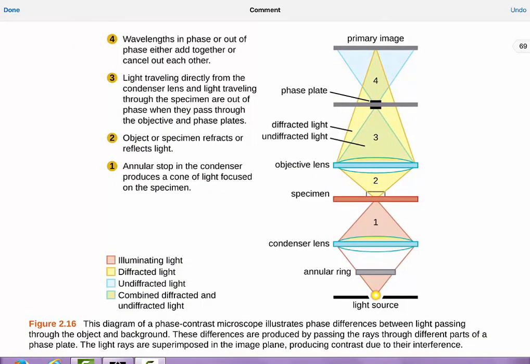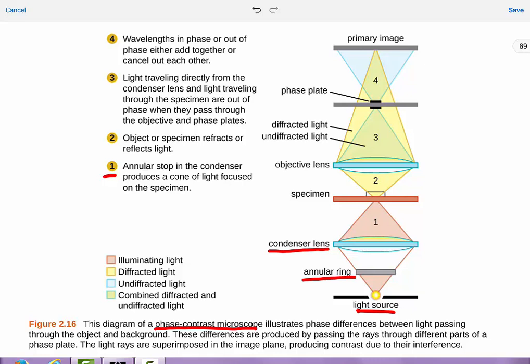All right, so the diagram of the phase contrast microscope here. We have our light source, the illuminator, and then we have here the annular ring. Below it is the condenser lens. Here it says 1, the annular stop in the condenser produces a cone of light focused on the specimen.